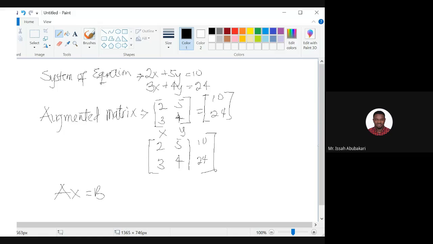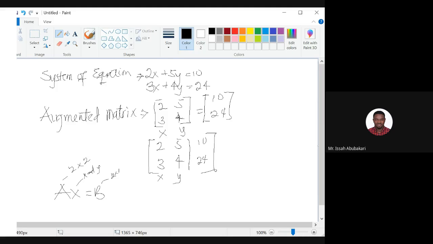Is that okay? In this case, this one is x, this one is y, and this x is the small x, and this is the big X. They are different. This X represents the small x and y. This A represents the 2 by 2 matrix, and this B represents the 2 by 1 matrix.